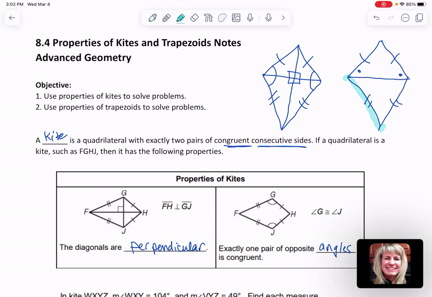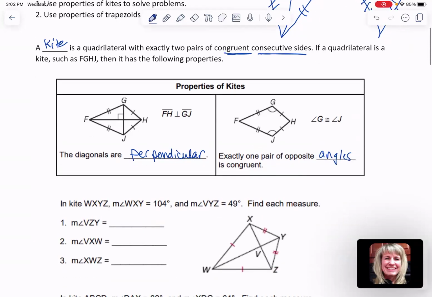Also, I created an isosceles triangle right here. So that means that this angle right here will be congruent to this angle right here. And then we just talked about how this angle is congruent to this angle. So those are some other properties of a kite.